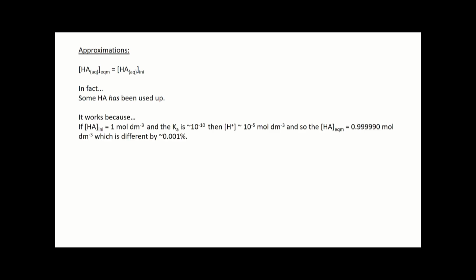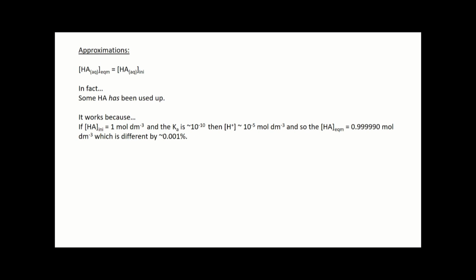For example, if we have a 1 mole per decimeter cubed solution of initial concentration, and the Ka is approximately 10 to the power of minus 10, then I calculate that the H plus concentration would be something like 10 to the minus 5 moles per decimeter cubed.